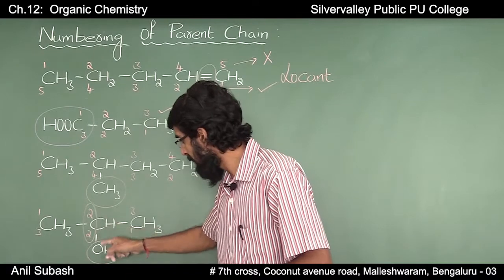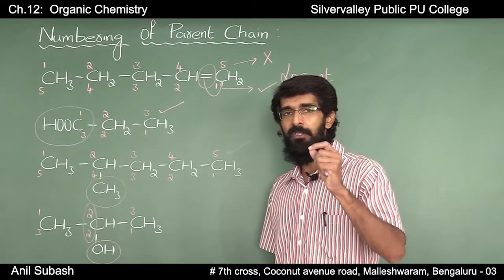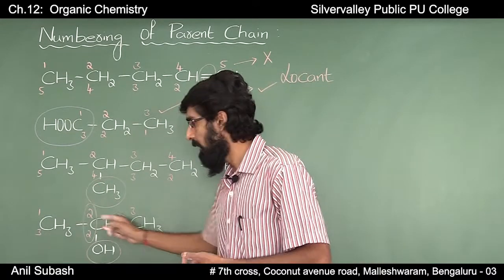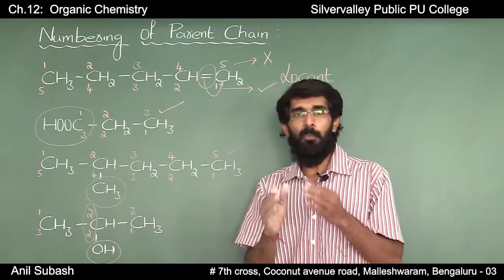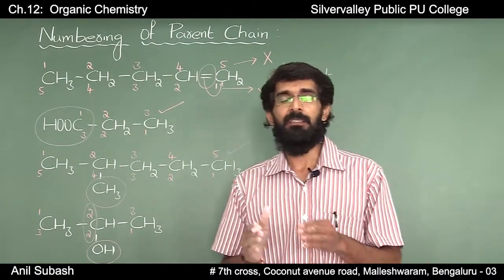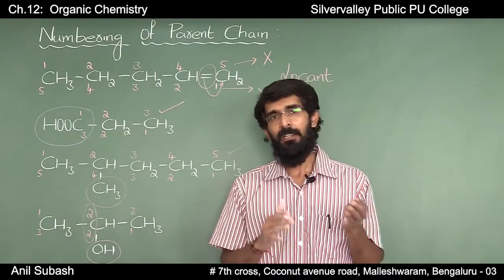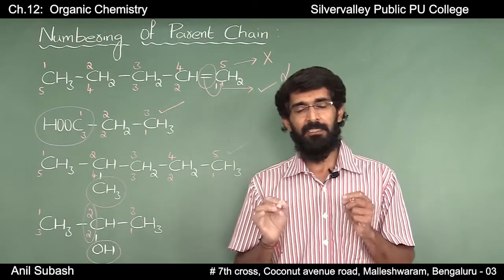That is, the carbon carrying the functional group will get the number 2, either way. So in this case, both ways of numbering are correct. You may number it from the left hand side or from the right hand side. Both ways are correct.